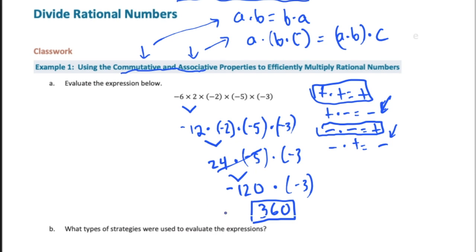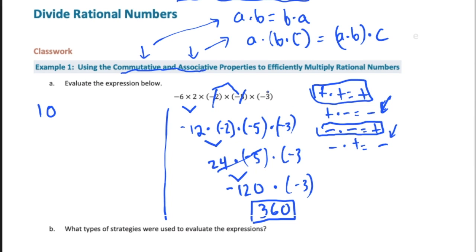Okay, so this is one way to do it. We could also do it another way. Remember that I could also move numbers around. I want to multiply this negative 12 and this negative 5 to get a positive 10. That way, when I multiply times 10, everything is easier for me.